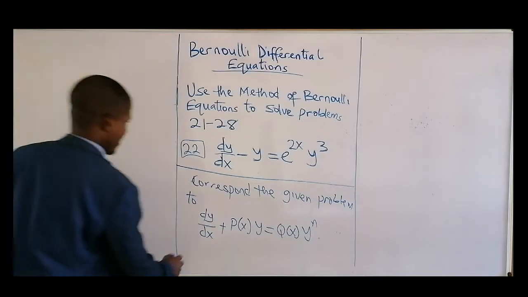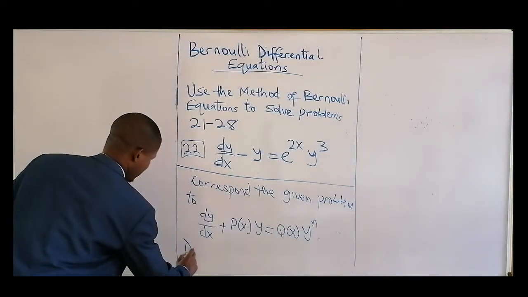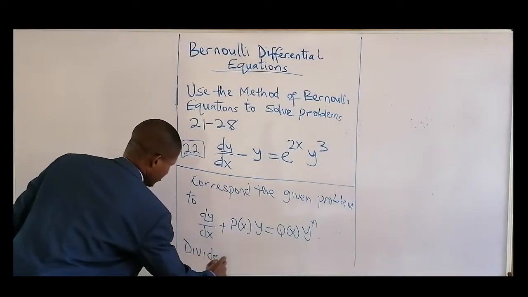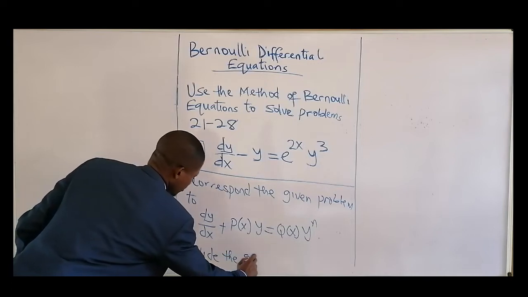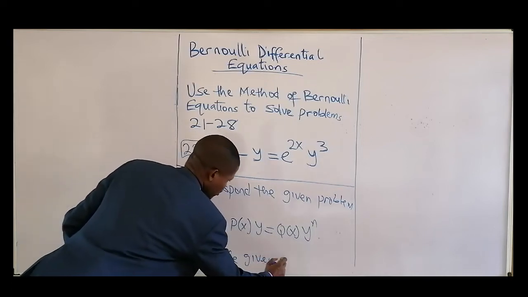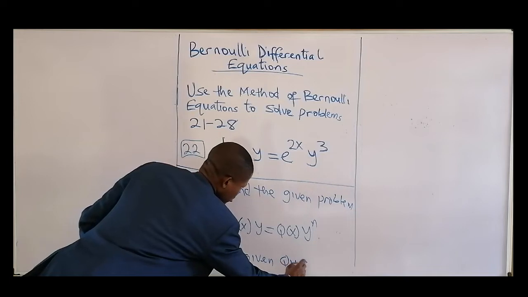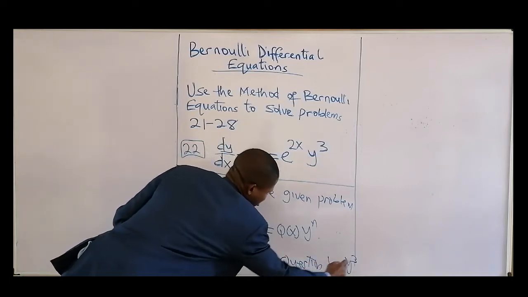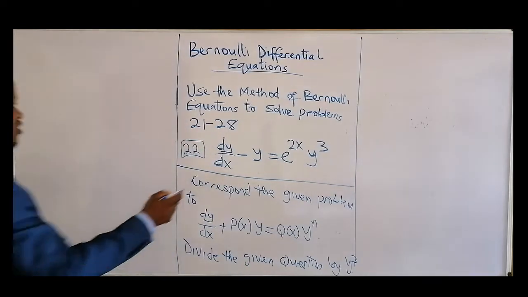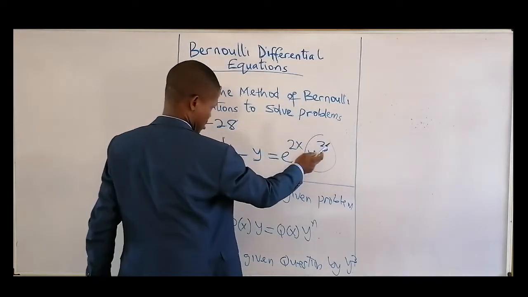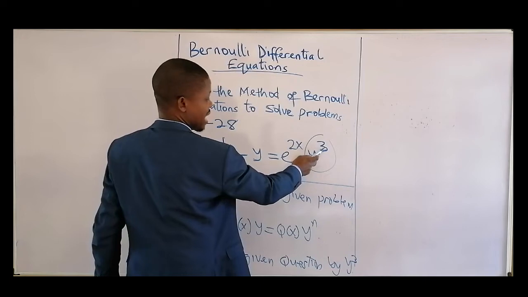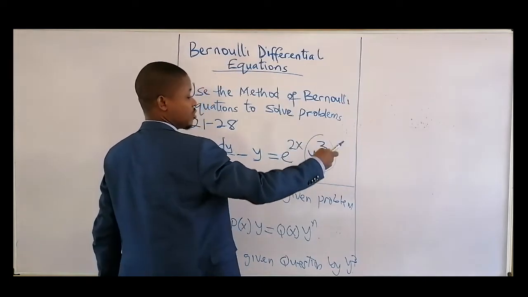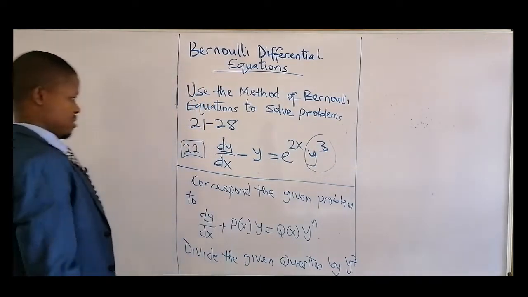Then divide the given question by what? By y^3, y to the power 3. Since we said that n must not be 0 or 1, we divide by y^3.